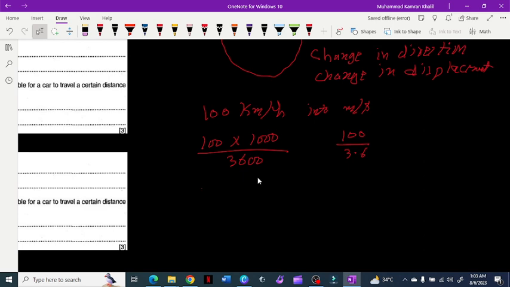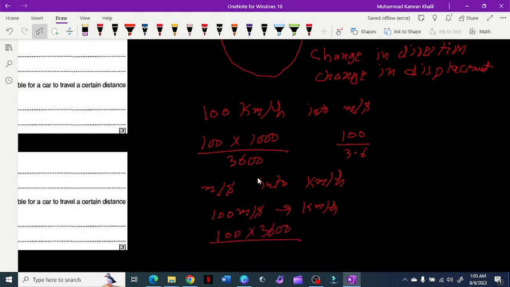And if you want to convert meter per second into kilometer per hour, then let's suppose that the value given is 100 meter per second, that is required to convert into kilometer per hour. So what you will do, 100 multiplied by 3600 divided by 1000, or simply 100 multiplied by 3.6, you will get your answer.